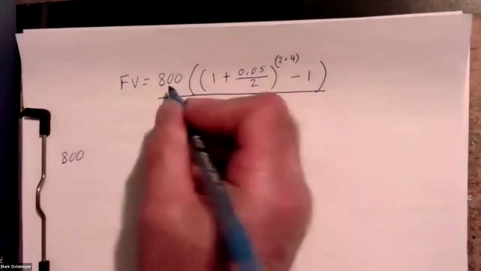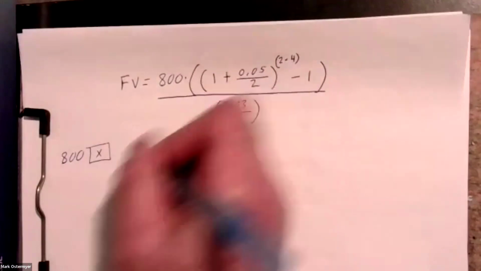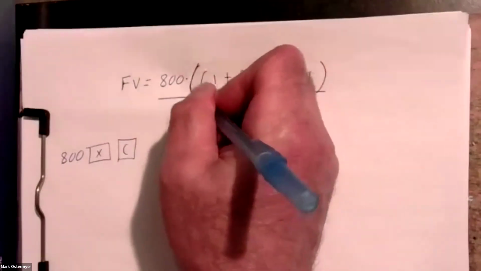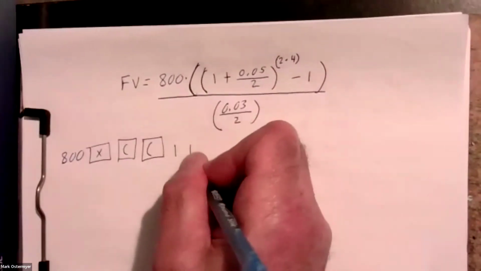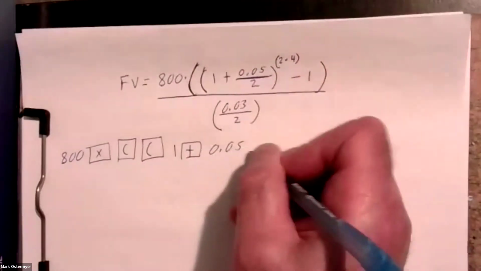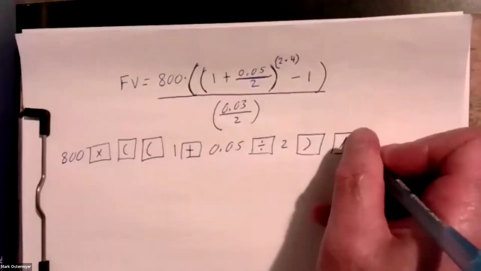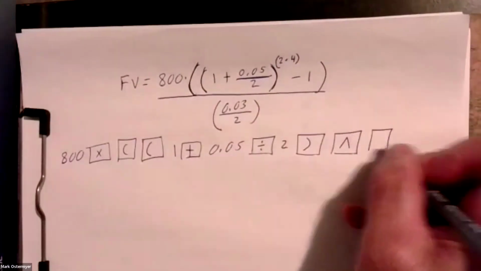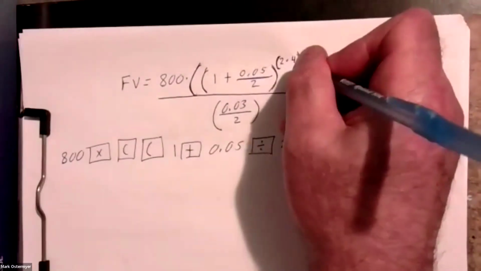You'd say 800, start up here, times open parenthesis, 1 plus 0.05 divided by 2, closed parenthesis, raised to the open parenthesis. I'm up here now. 2 times 4, closed parenthesis.